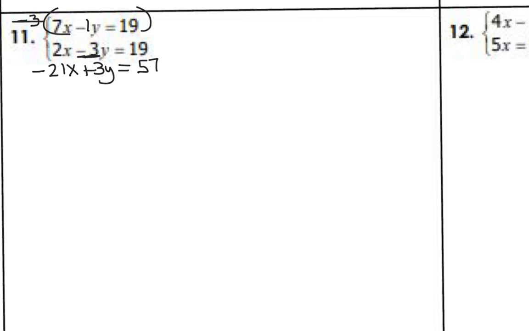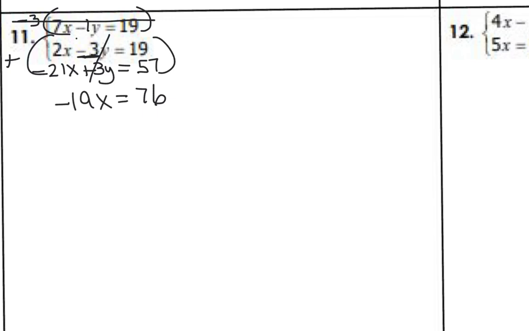So now this one's gone, and we're going to add these two together. So 2x minus 21x will give you negative 19x. These are eliminated, equals 19 plus 57 would be 76, right?